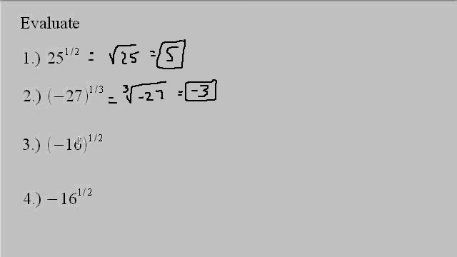And what about this one, negative 16 to the 1/2? So this is going to be the square root of negative 16. Now, we can't take the square root of a negative number. This is not a real number.